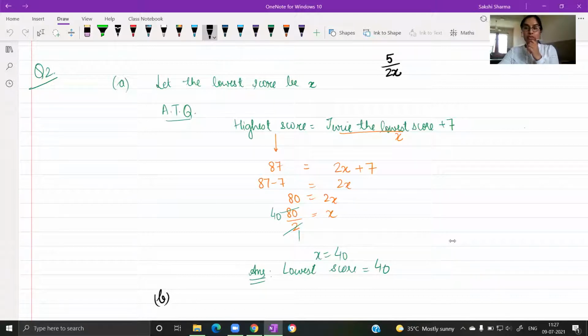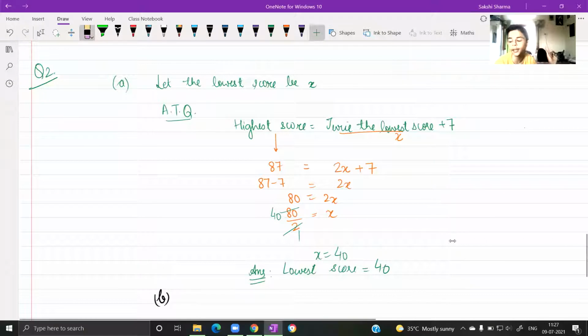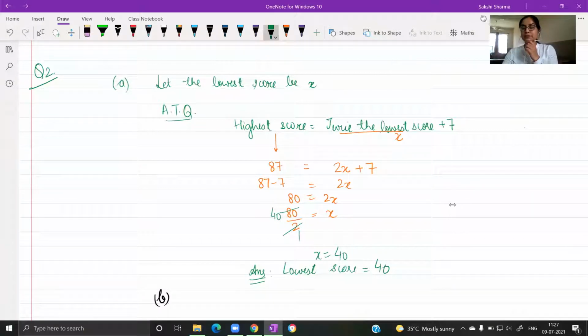Like I transposed 5/2 and converted it into division, it will not be done that way. This one is to be done differently. You don't have such types of questions at the moment in your book. Okay, ma'am, we have only the multiplication case.